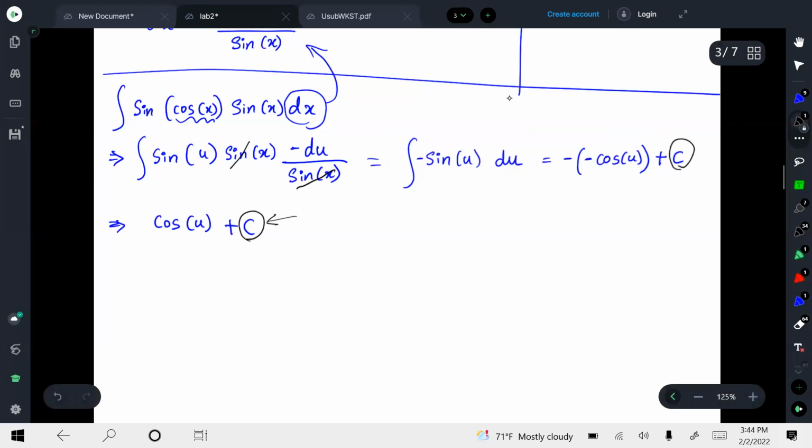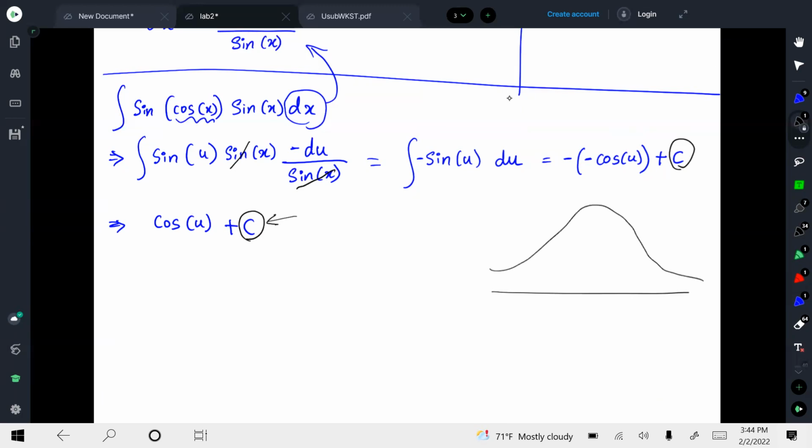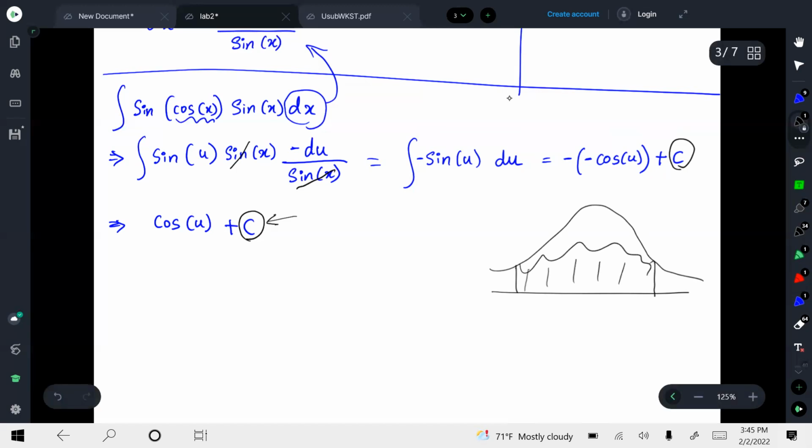Why should I write the integral constant? That's because I do not have any limits in the integral. Remember, what is integral? The concept is to find the area under the curve. Integrating means summing up. You sum up everything and then you find the area under the curve. When you have limits, you know that you have to find the area from this point to this point.